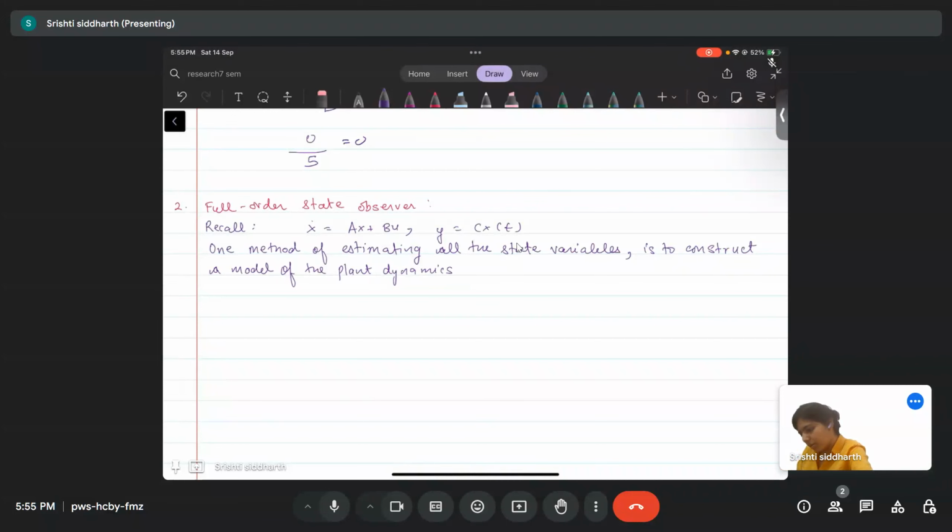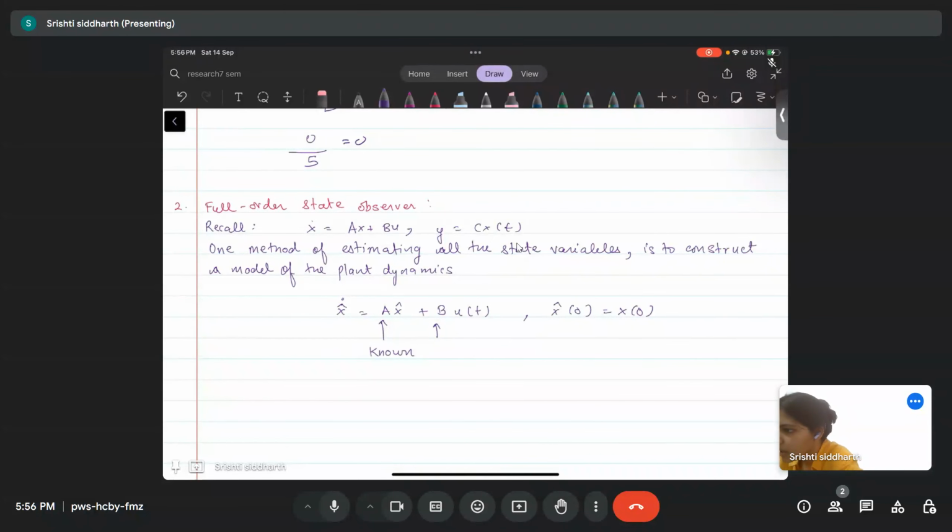We denote the estimated states by x hat, and the dynamics are x hat dot equals A x hat plus Bu. A and B are known because we already know what the model is. We also know the initial condition of the original system, and we consider the initial state of the estimator to be equal to that.